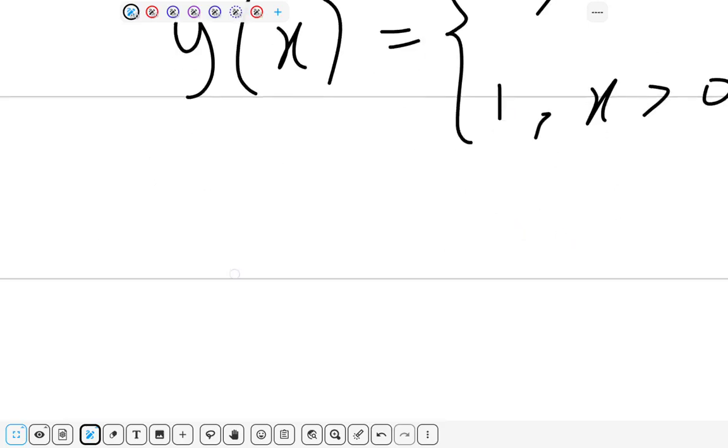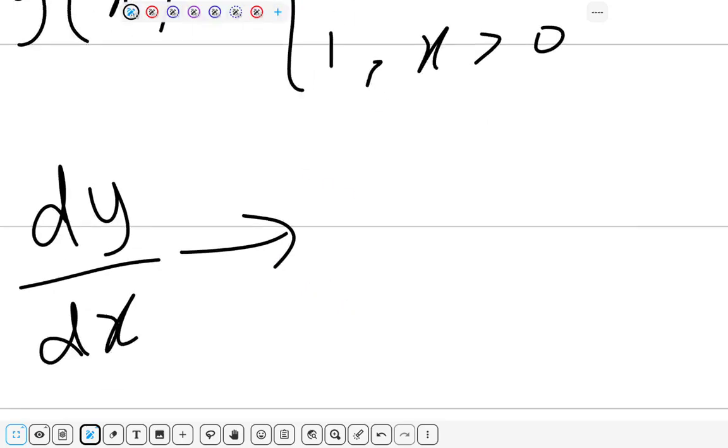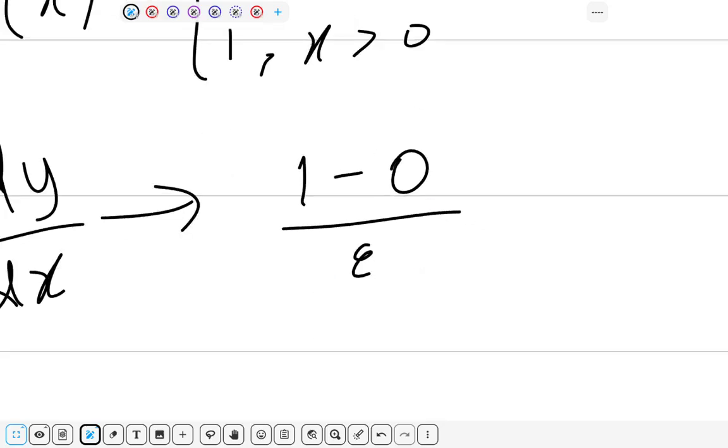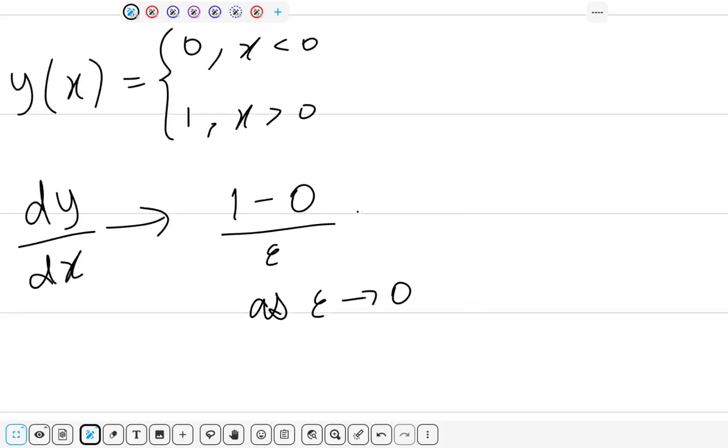So what would happen when you try to take the derivative? It will be like 1 minus 0 divided by epsilon, as epsilon goes to 0. And this just gives you a spike, and I will define this as my delta function.